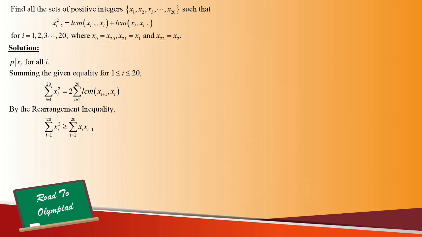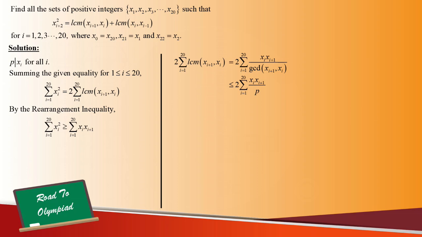Notice that 2 times the sum of the LCM of x_{i+1} and x_i must be equal to 2 times the sum of x_i times x_{i+1} divided by the greatest common divisor of x_{i+1} and x_i, by the fact that the product of LCM and GCD of two numbers is equal to the product of the two numbers themselves.